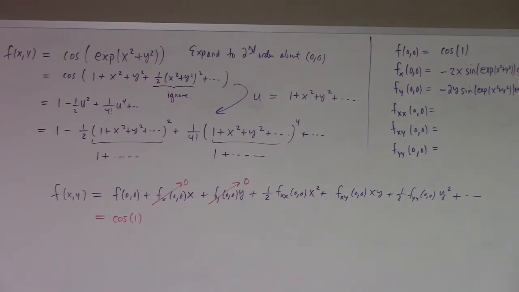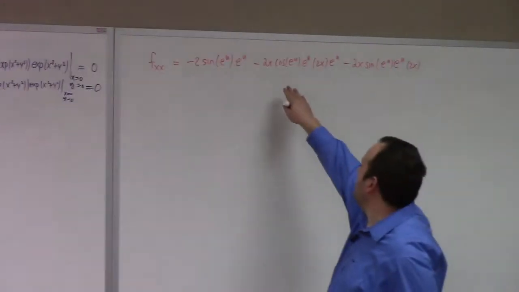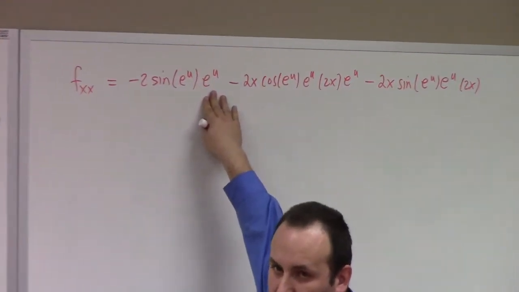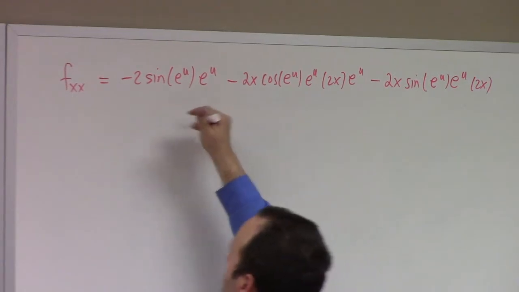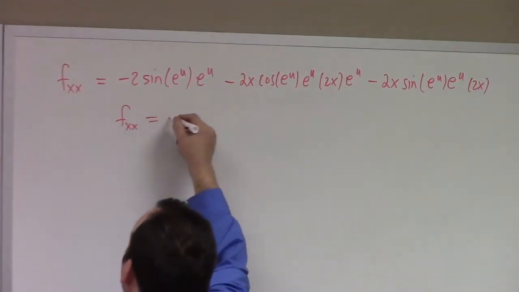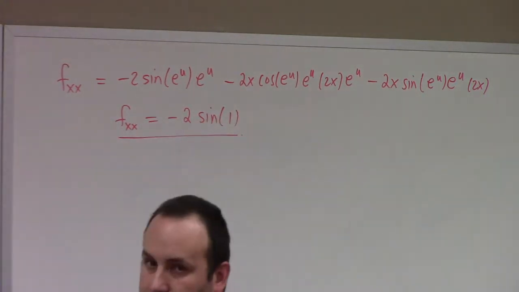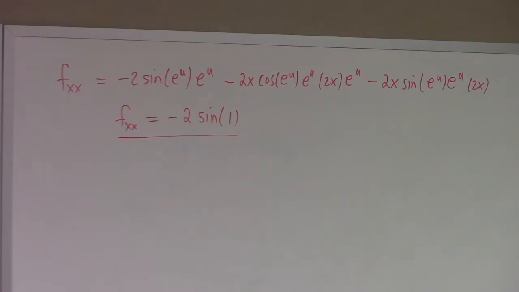What's my u? x squared plus y squared. Of course, you know this and that are 0, and you have e to the 0, which is 1. So I can see from this that f_xx is what? Minus 2 sine of what? Sine 1, yeah. So I get minus sine of 1 times x squared.